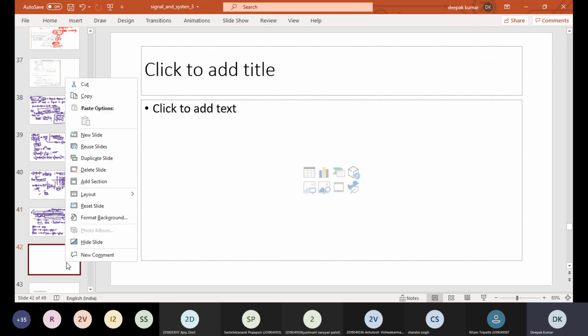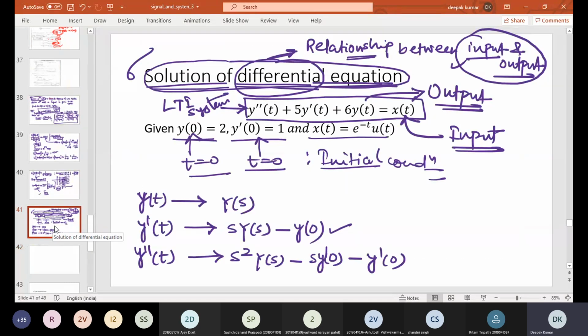After solving the differential equation, you will get a relationship in terms of H of s only, meaning Y of s divided by X of s, the ratio of the Laplace transform of output to the Laplace transform of input, and that is the transfer function. And now, next step, what to do? You are going very easily. Suppose this type of expression is used in the given question.